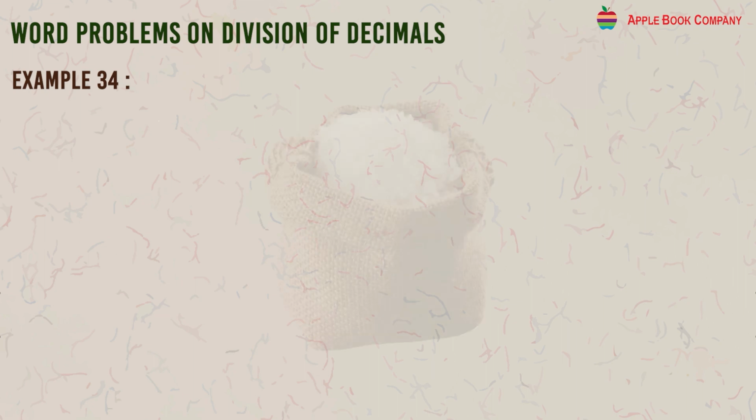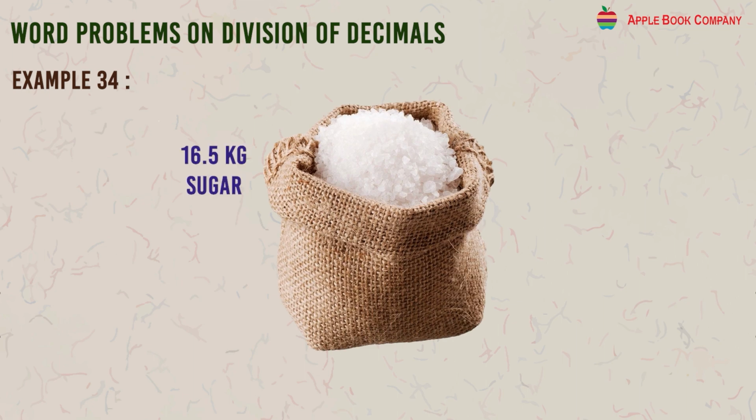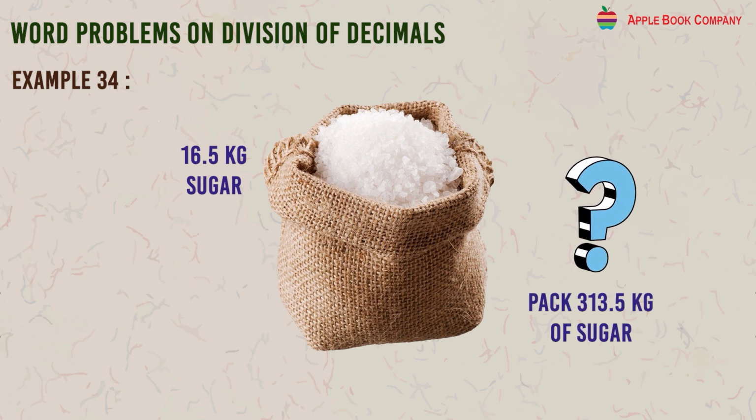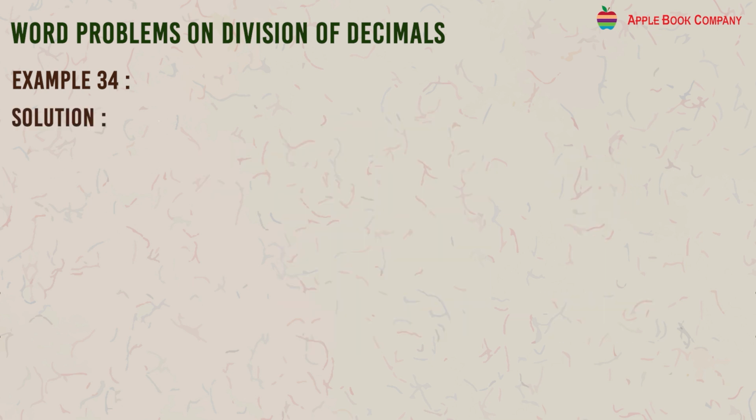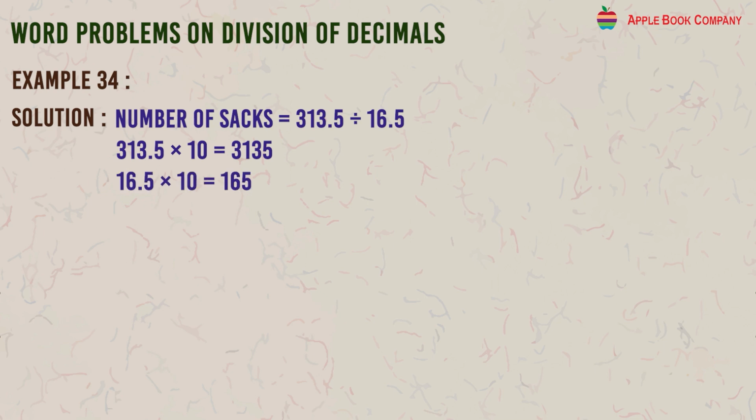Word problems on division of decimals. Example 34. A sack contains 16.5 kg of sugar. How many such sacks will be required to pack 313.5 kg of sugar? Solution. Number of sacks is equal to 313.5 divided by 16.5. The divisor has one place of decimal. To make the divisor a whole number, multiply both the dividend and divisor by 10.